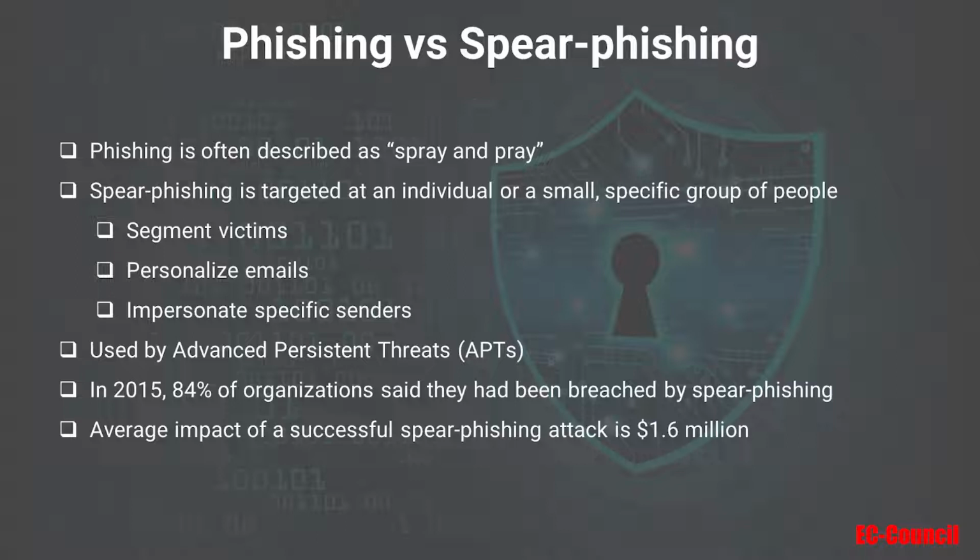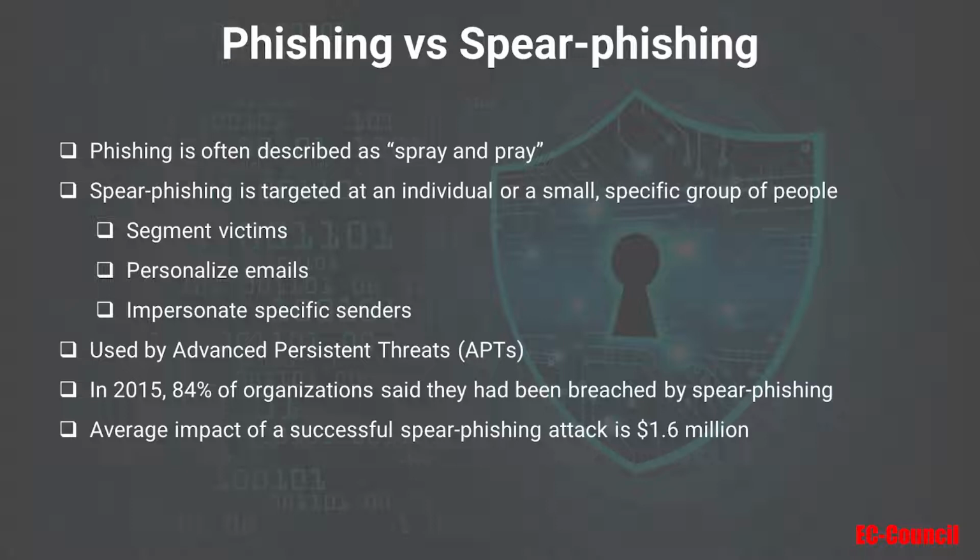So what makes spear phishing different? Phishing is often described as spray and pray, meaning a single phishing email will be sent to many recipients in the hope of catching a small percentage of the targeted victims. Spear phishing, on the other hand, is much more targeted toward an individual or a small specific group of people. The attackers segment their victims, choosing something personal or specific to them.